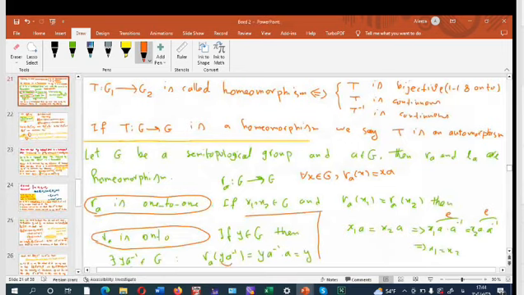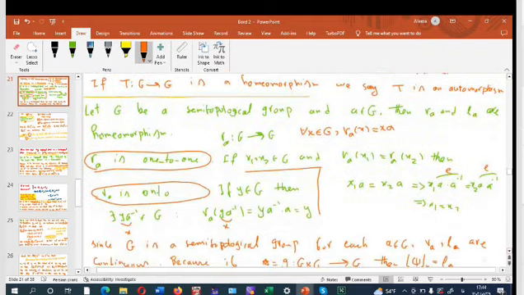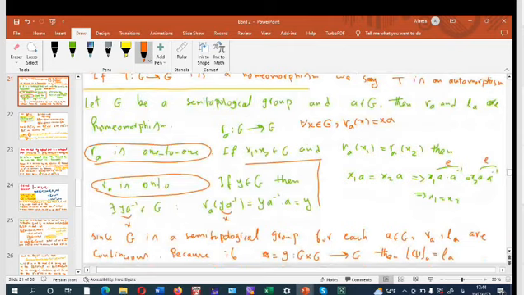Also, this function is onto because for any y in G, we can consider this element in G. This is an element of G, and we have this equality: Ra of this element equals this element multiplied by A, and this is the identity element, so that this is equal to y.